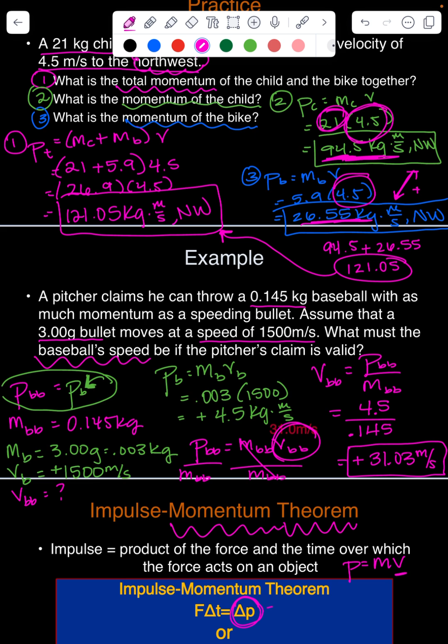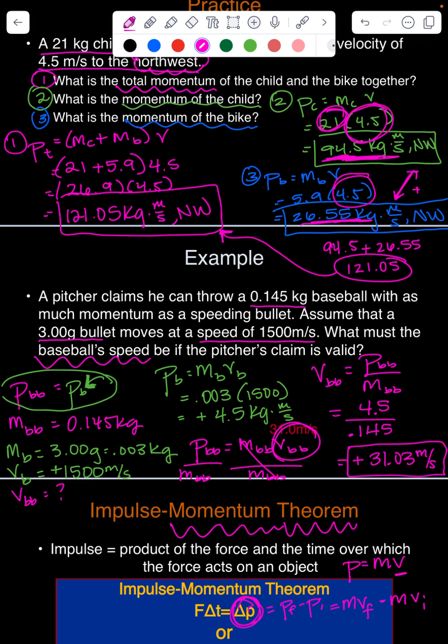So we can start by breaking down that delta P. We know that delta P can be broken down into final minus initial. Then, if it's mass times velocity, and velocity is the thing that is being changed, our change in momentum is going to be our mass times our final velocity minus our mass times our initial velocity.